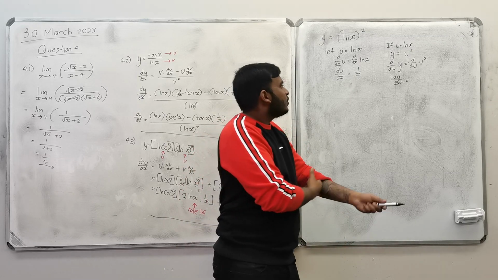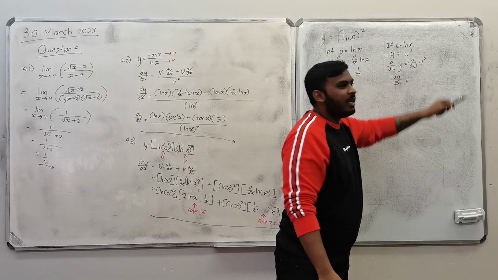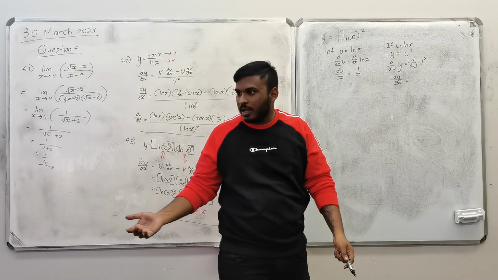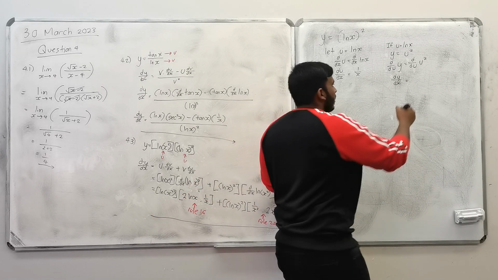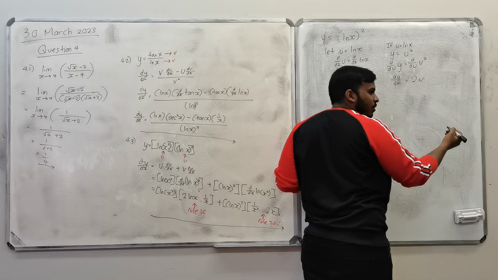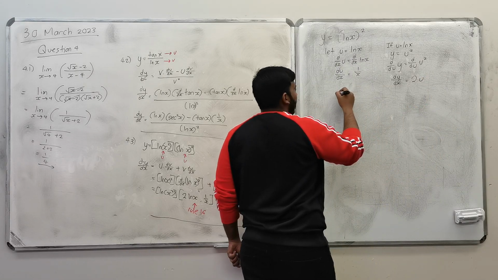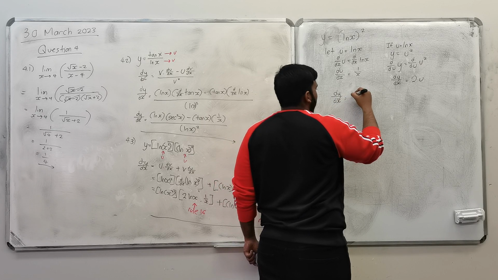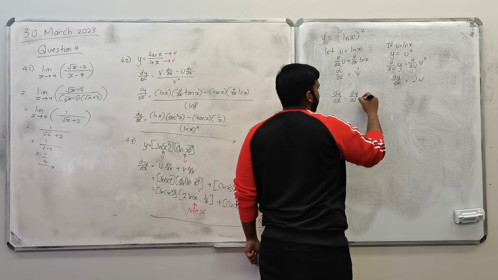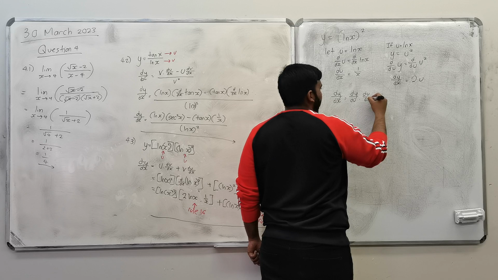Right? So u squared is the same as saying x to the power n. Right? And that's 2u. Now chain rule says that the differentiation of y over x is equal to dy over du times du over dx, chain rule.